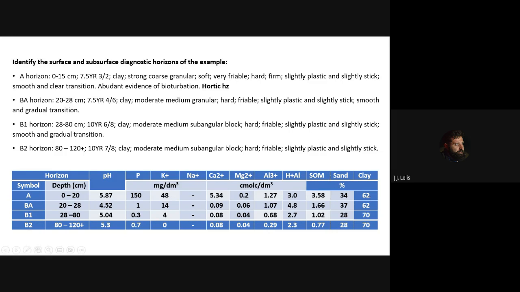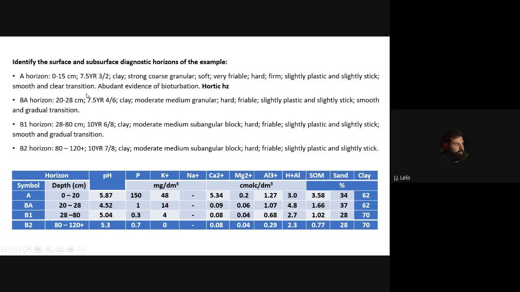So in this case, we have 62, and to identify an argillic horizon, we should possess at least 82% of clay, or we should present shiny surfaces.